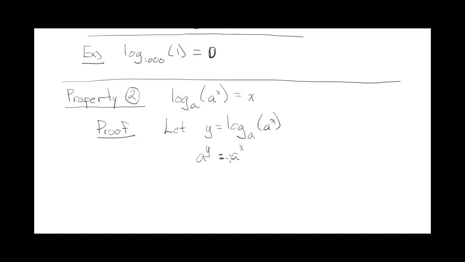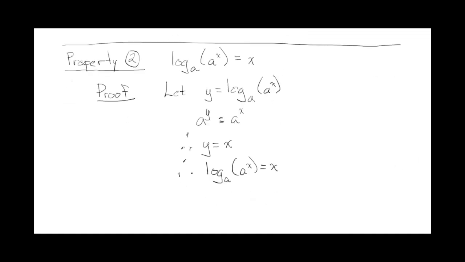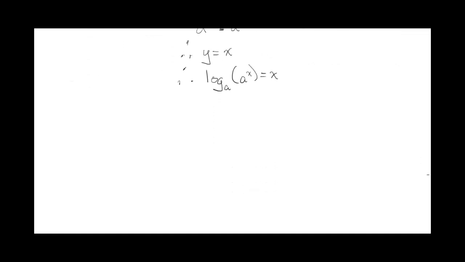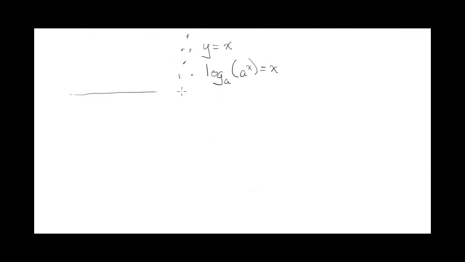So a to the y equals a to the x, therefore the exponents must be equal. Therefore y equals x, therefore log base a of a to the x is x. So let me show you how you're going to use this law and why it's going to be so useful for you.